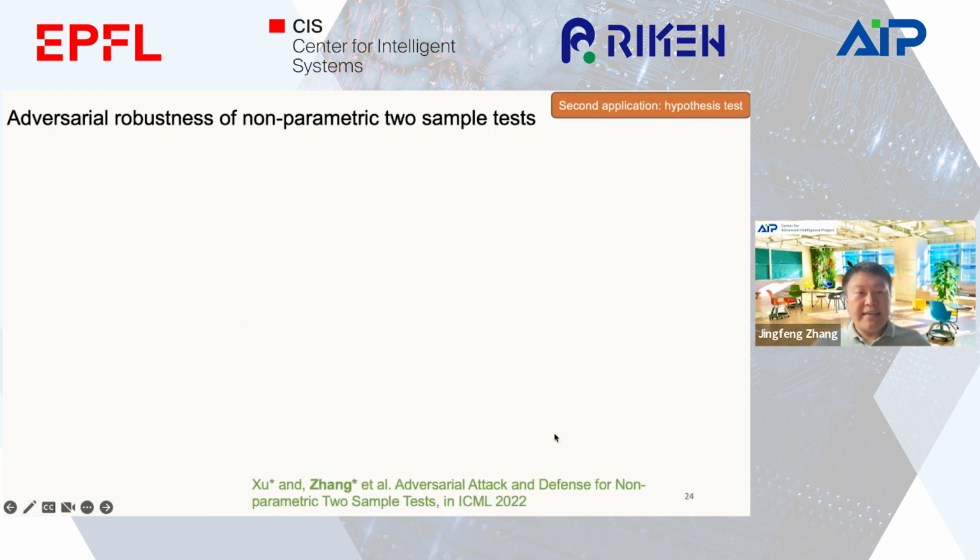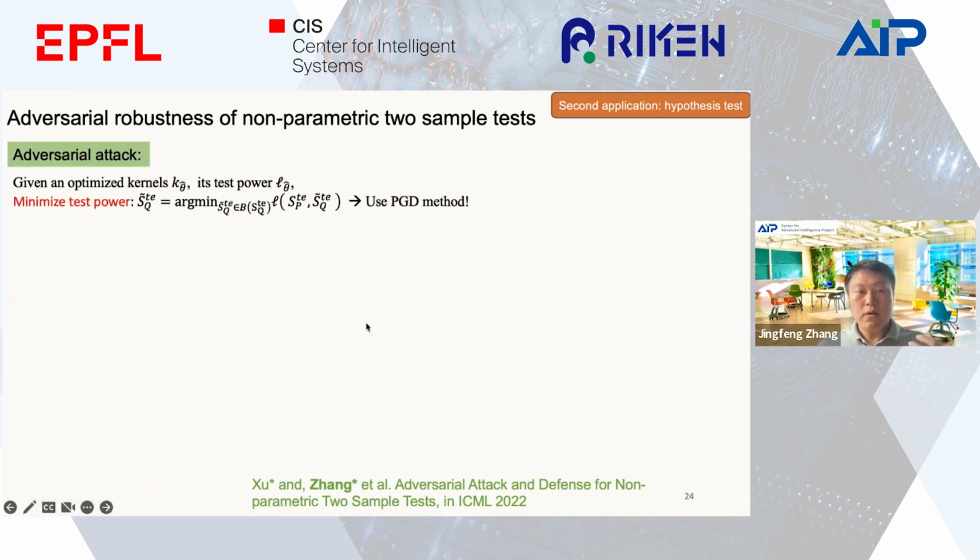Now, we consider a potential risk that causes a malfunction of a non-parametric two-sample test. To this end, we use PGD method to minimize the test power to search for the adversarial test pairs.